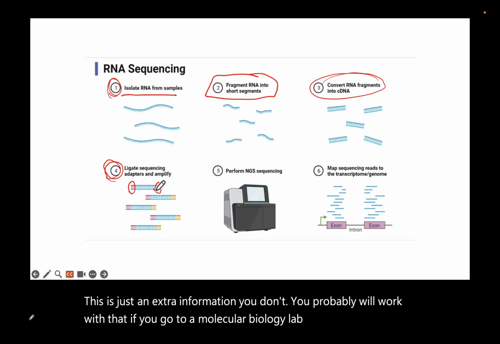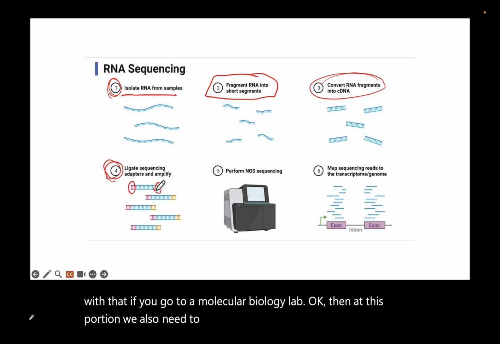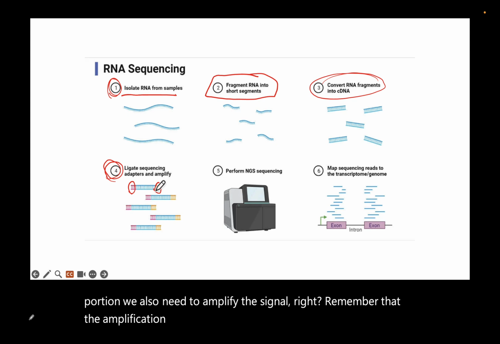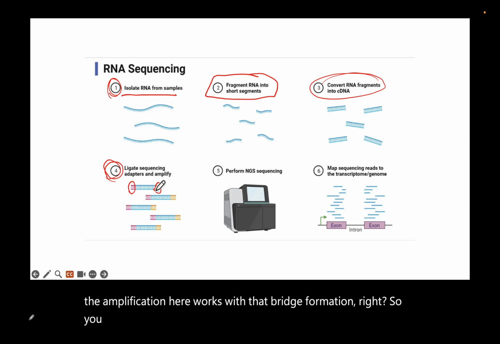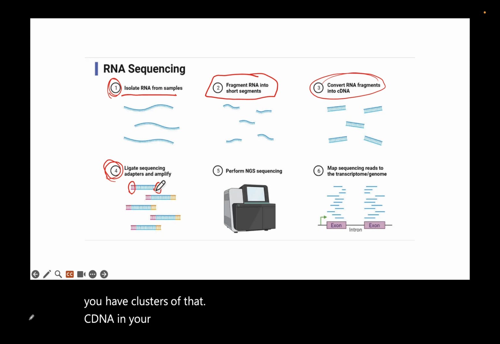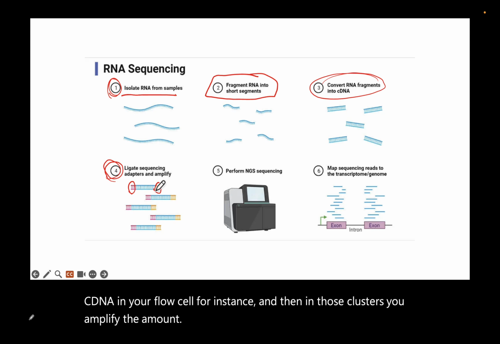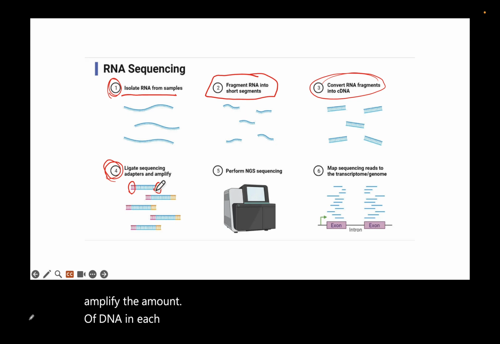Okay, then at this portion we also need to amplify the signal, right? Remember that the amplification here works with that bridge formation. So you have clusters of that cDNA in your flow cell, for instance, and then in those clusters you amplify the amount of DNA in each cluster to sort of amplify your signal.